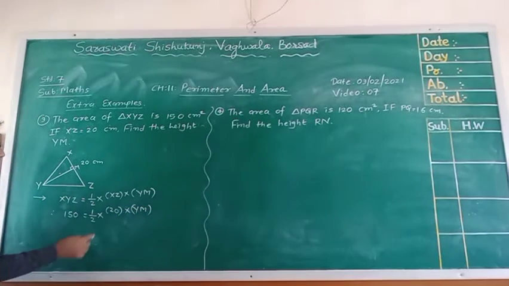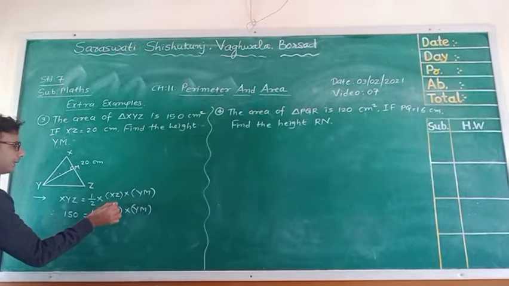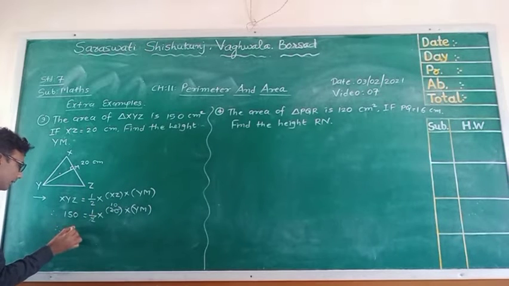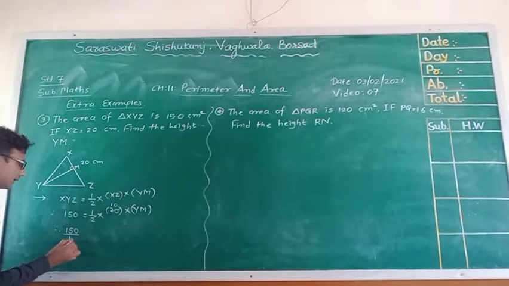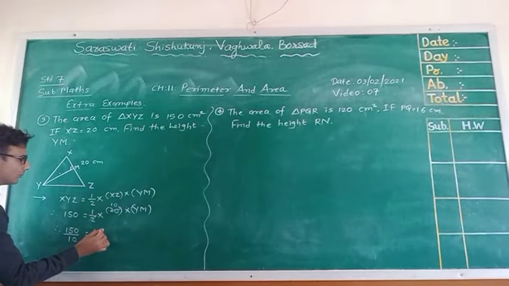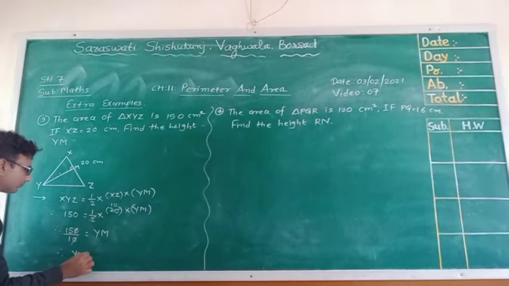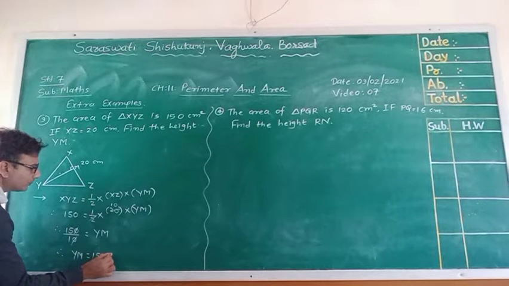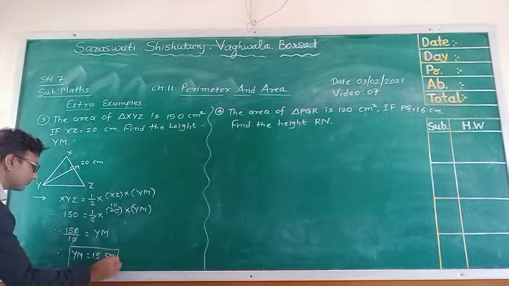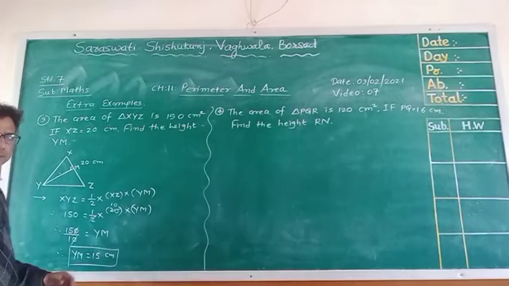Now 2 tens are 20 and 10 goes downside. 150 by 10 equals YM. Zero cut. So YM equals 15 centimeters. Clear? Once again I repeat this sum.